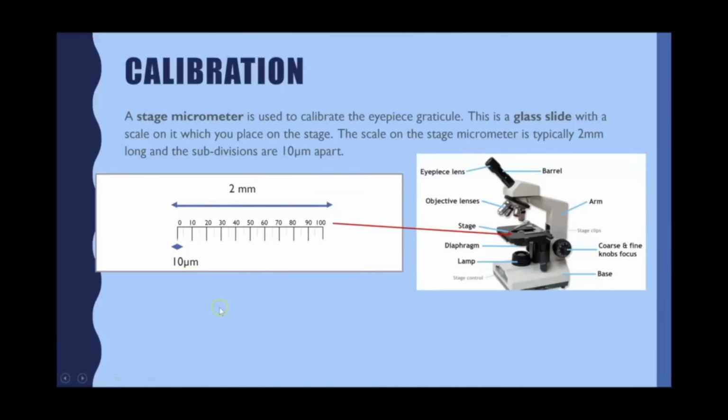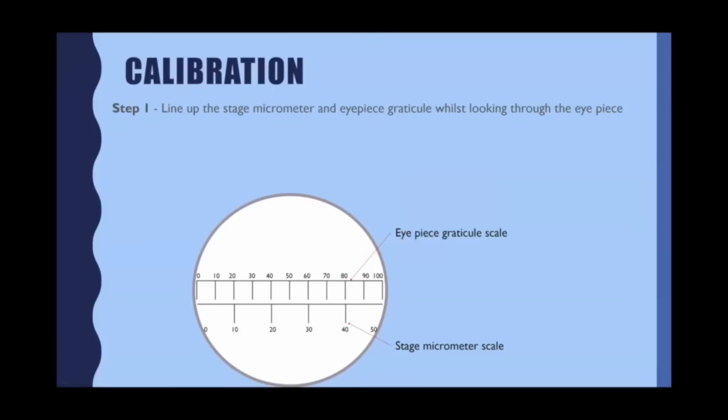So if we go through step by step how you would use the stage micrometer and the eyepiece graticule to calibrate the graticule. Step one, you'd place your stage micrometer on the stage, look through your eyepiece, and this is what you should see.